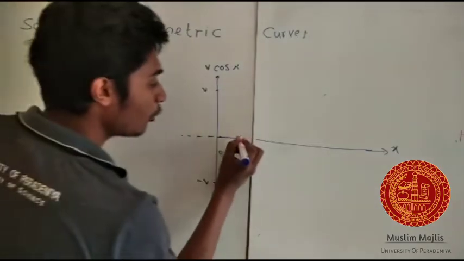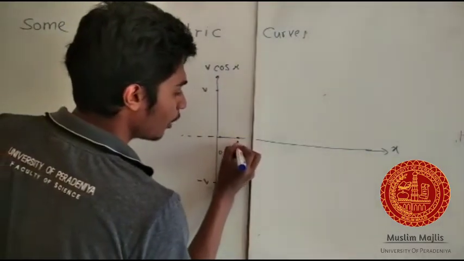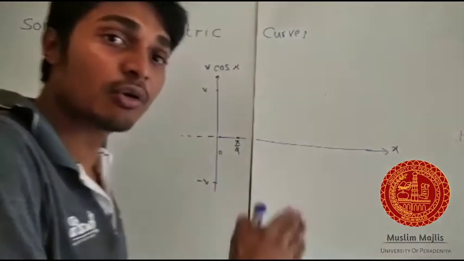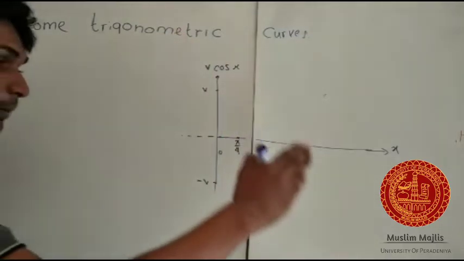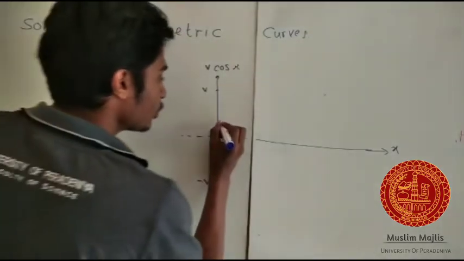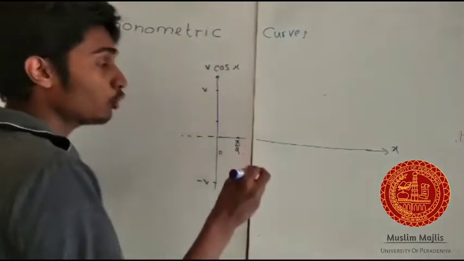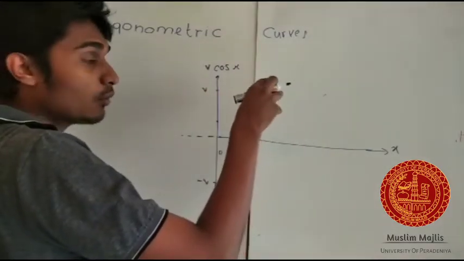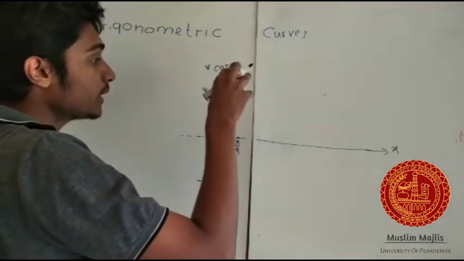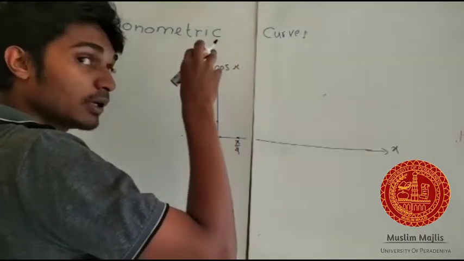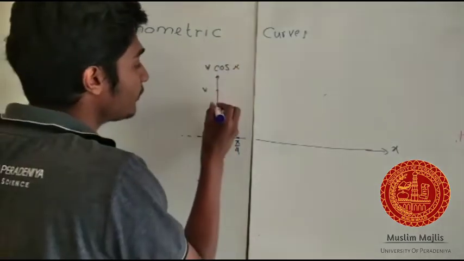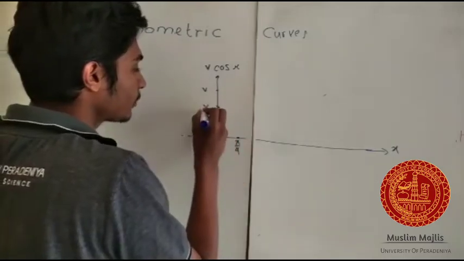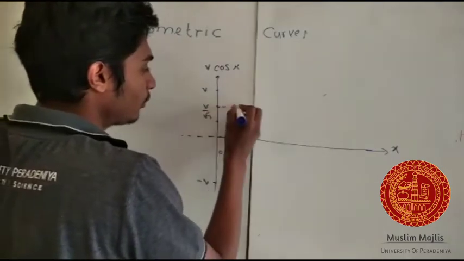Now, if you have pi by 4, cos pi by 4 will be in the first quadrant. The cos is positive. So cos pi by 4 is going to be 1 over root 2, but you have v instead of 1, so it's going to be v by root 2, somewhere around here.